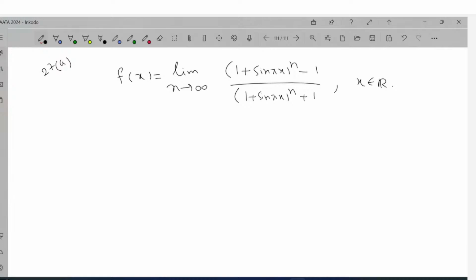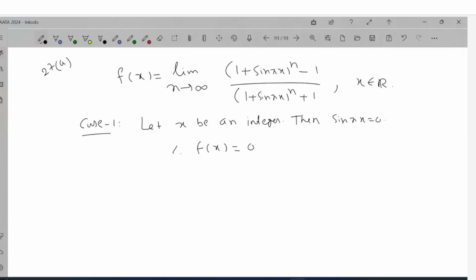Let x be an integer. Then sin pi x is 0. Therefore, our whole f(x) is 0. So that means it is continuous at the point.